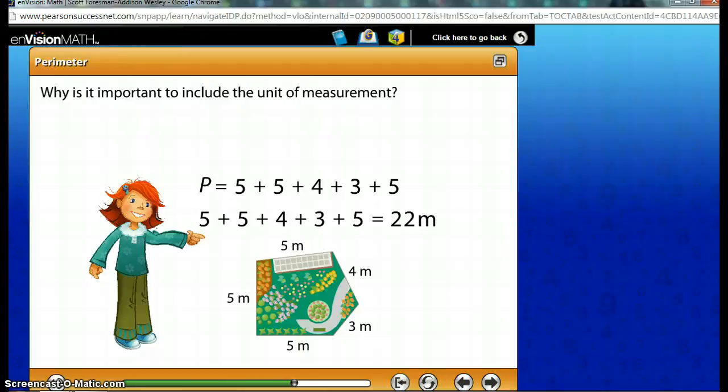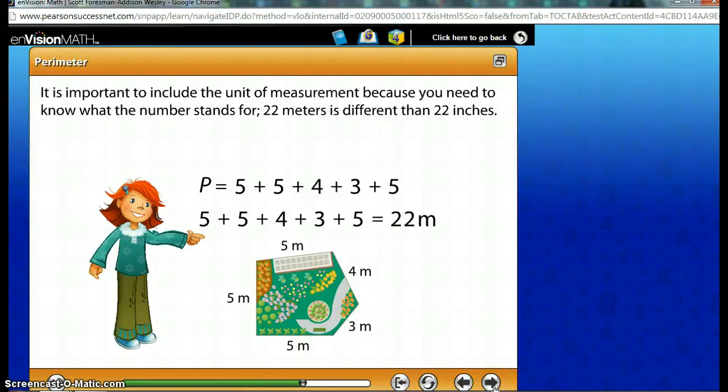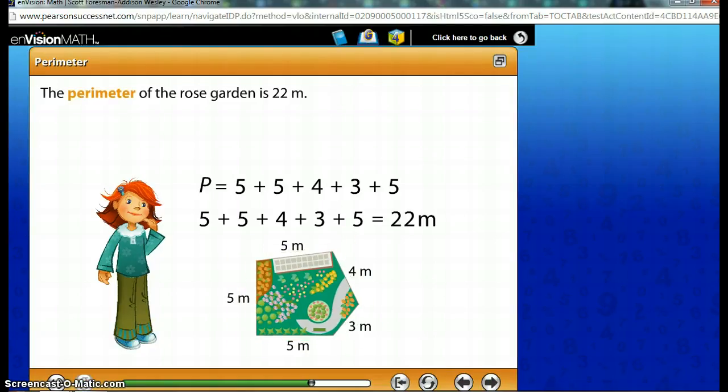If you're ordering fencing materials and you tell them, I only need 22 feet, and you don't put meters, if you put feet instead of meters, are you going to get more or less? You're going to get a lot less than what you really need. It is important to include the unit of measurement because you need to know what the number stands for. 22 meters is different than 22 inches. Definitely. The perimeter of the rose garden is 22 meters.